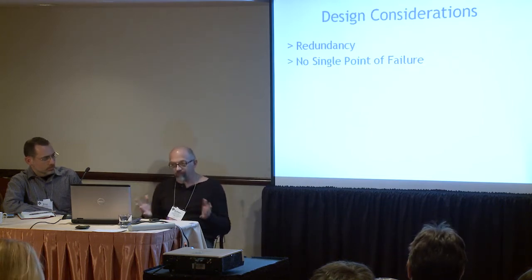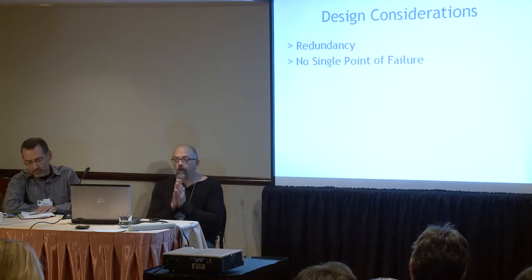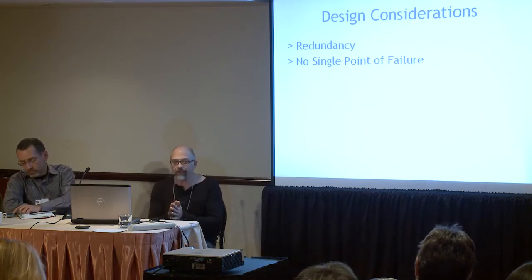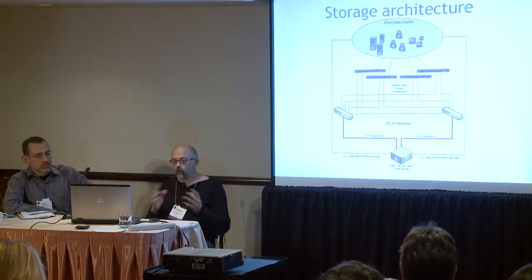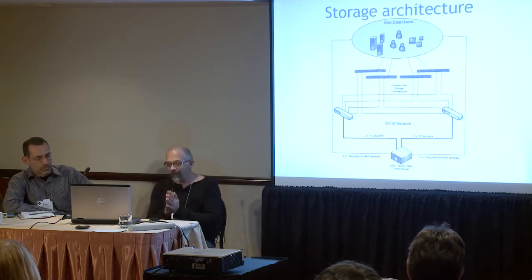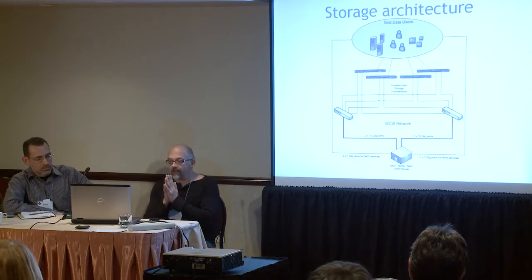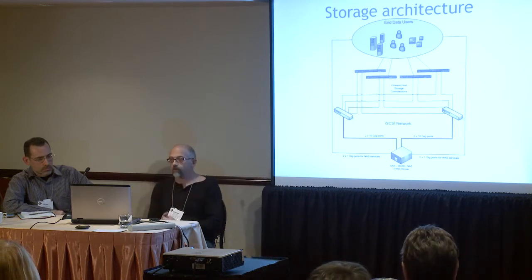So when designing, you want to make sure that redundancy is extremely high on your list because failures will happen. Having no single point of failure is key. This is a diagram of our storage architecture based on the new unified storage system we will be getting. As you can see with all these little lines, the end data users have multiple paths for the NAS which go around the outside of the diagram.